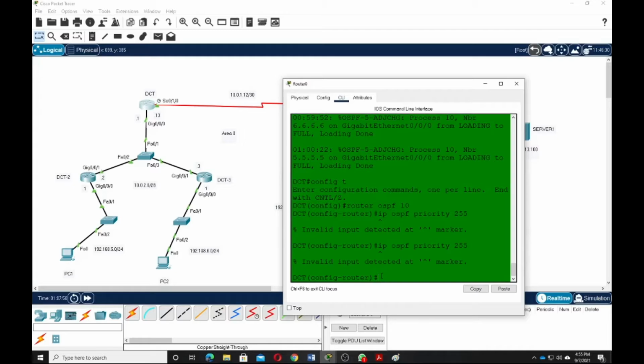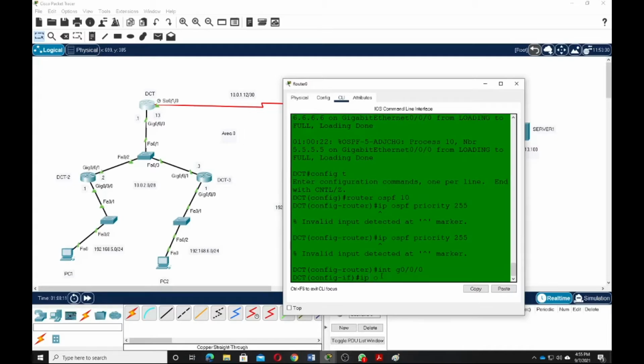Oh, no, sorry. We should define first the interface G0/0/0, IP OSPF priority 255.